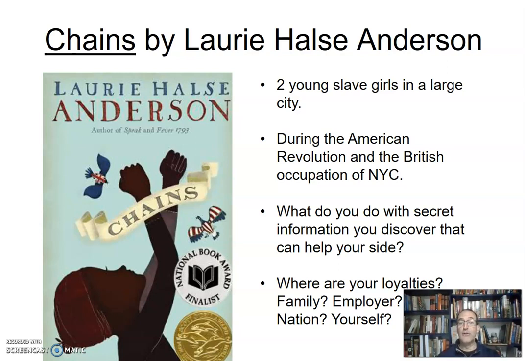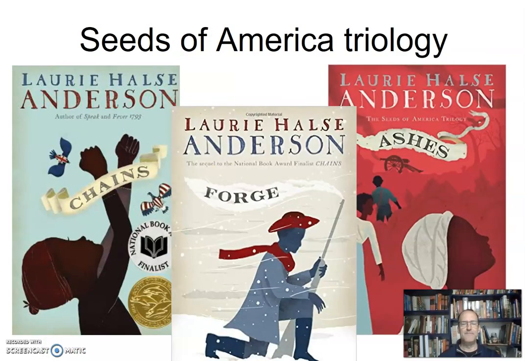Are your loyalties to your family, to your employer, to your friends, to the nation? Maybe you can even see the eagle here with the American flag on it and a British flag on this bird, I guess, which is to be a dove. So what do you do when you know something, and how do you decide where your loyalties should lie?